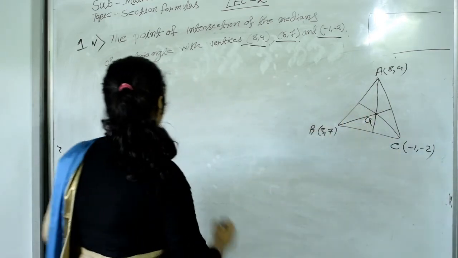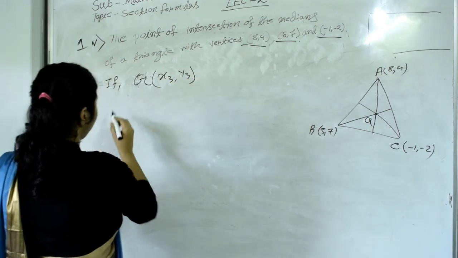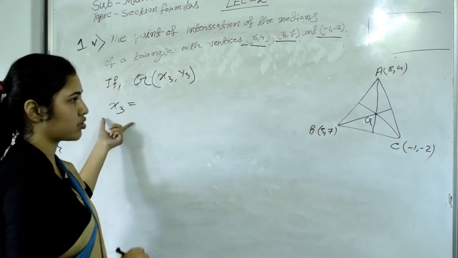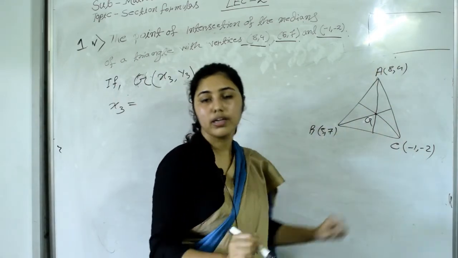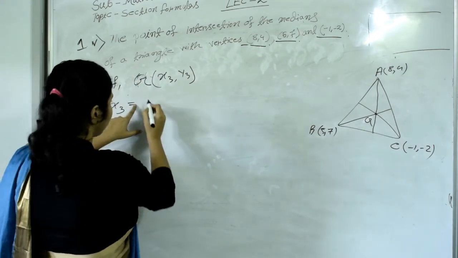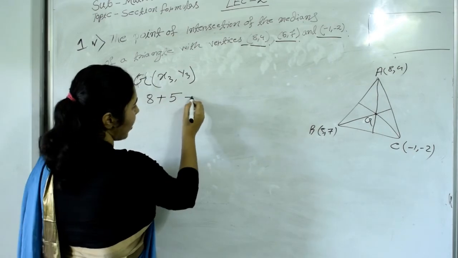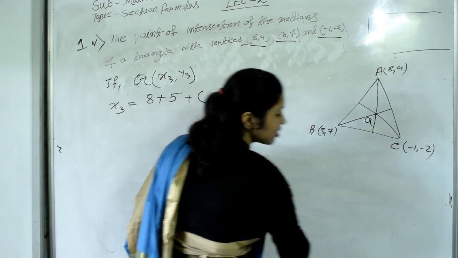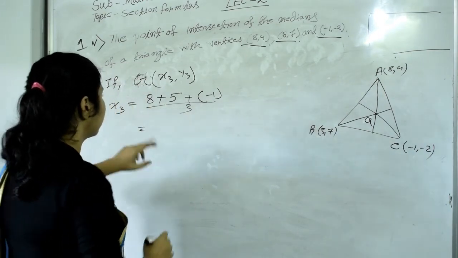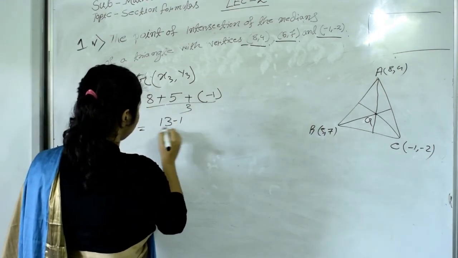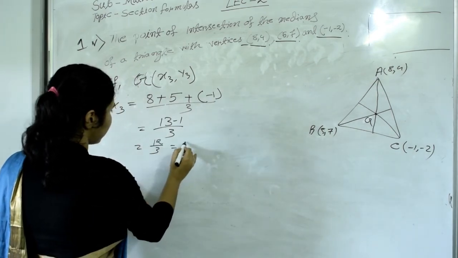We know that then the coordinate of G, x3 is equal to x1 plus x2 plus x3 by 3, right? So x1 8 plus x2 5 plus x3, which is -1, by 3. So 13 - 1 by 3 is equal to 12 by 3, which is 4.